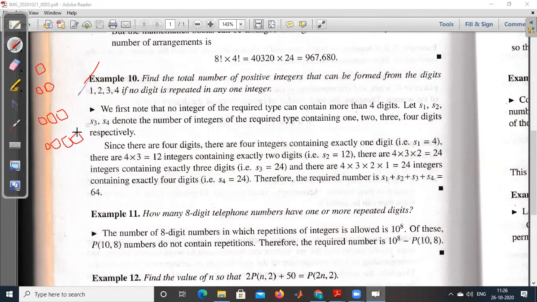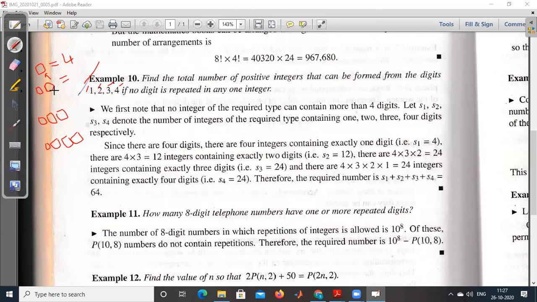Okay, so no digit is repeated in any one integer. Okay, one digit number. How many one digit numbers can we get? So one, two, three, and four. So that means four different one digit numbers we get.